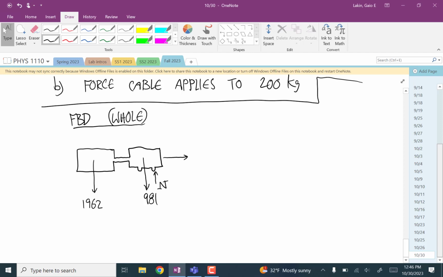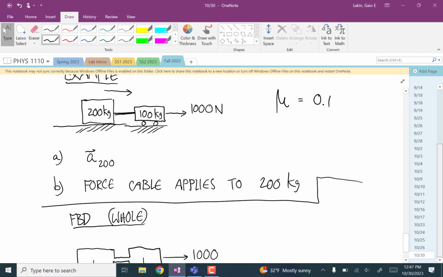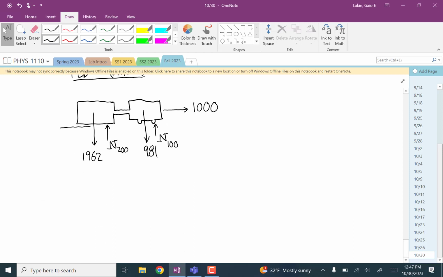I'll call that N100. On the sliding body, there's a pushing force N200. This was 1,000. And then there's one more force in here. There's a friction force that's going the opposite direction of motion, so this way. And that's equal to the coefficient times the pushing force on this body, so 0.1 times N200.